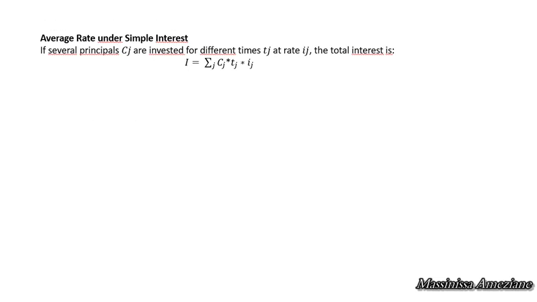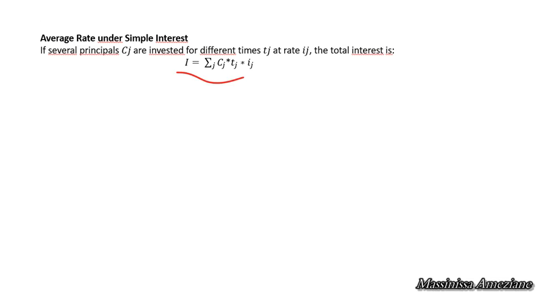And now sometimes you may get several principals that are invested for different time periods at different interest rates, and we may want to find the average interest rate. So how to do this? First, we know that the total interest is the sum of the interest for each principal.